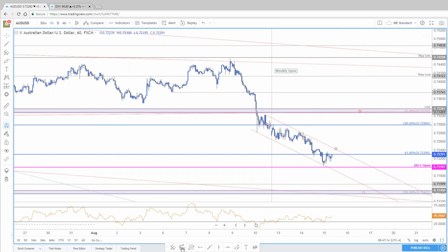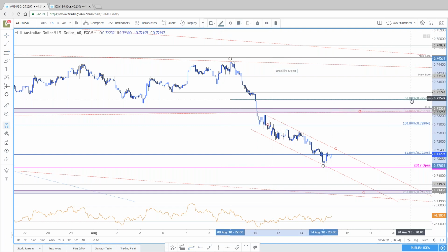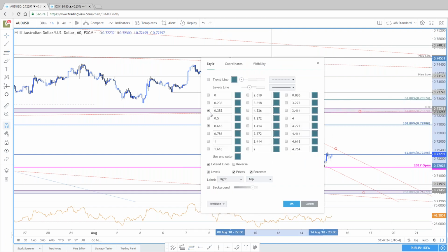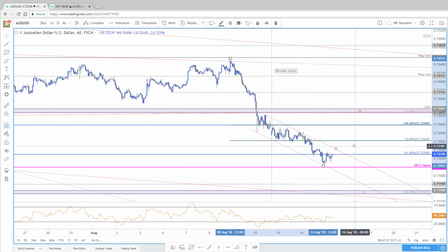And then again, in such a scenario, guys, this is just a run through on what we could do as far as possible scenarios for today's session. Just wanted to show you that the 38.2 would be a nice initial target at 72.60, but the 38.2 converges right on that same level we were talking about as the initial weekly opening range, former target support from the way down.